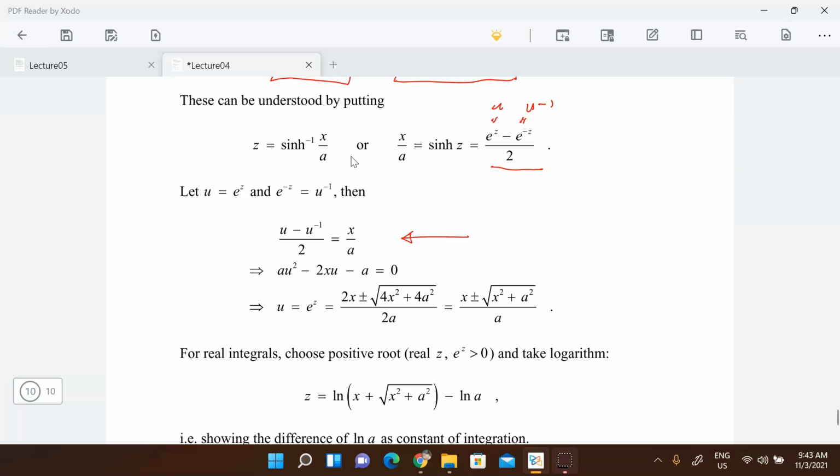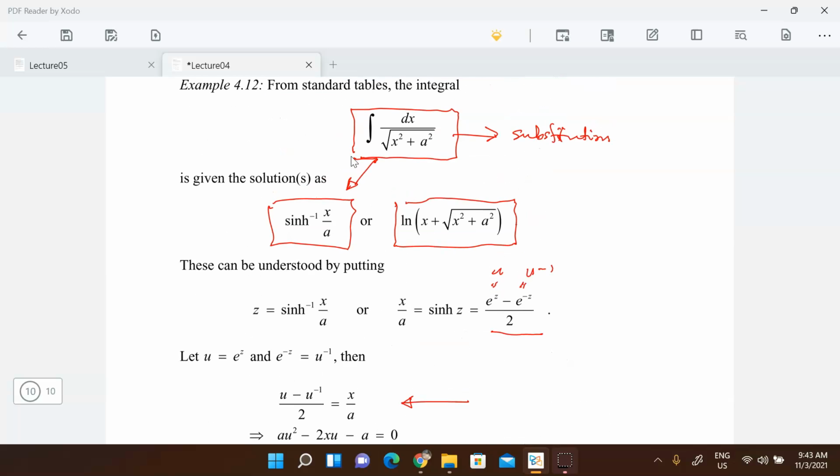Then you'll be able to get the so-called solutions of the quadratic equation. Usually what happens here is that this is essentially a real integral, so the solution that we want is actually a real solution.